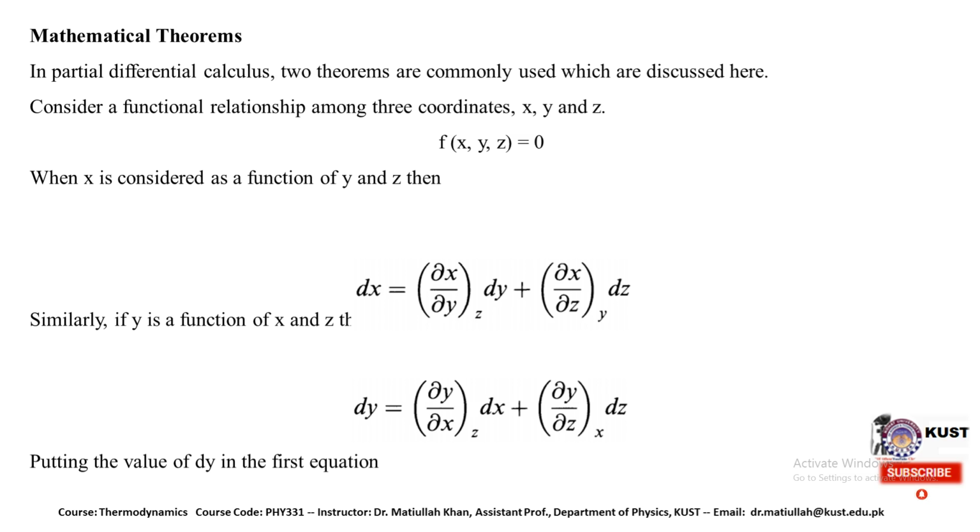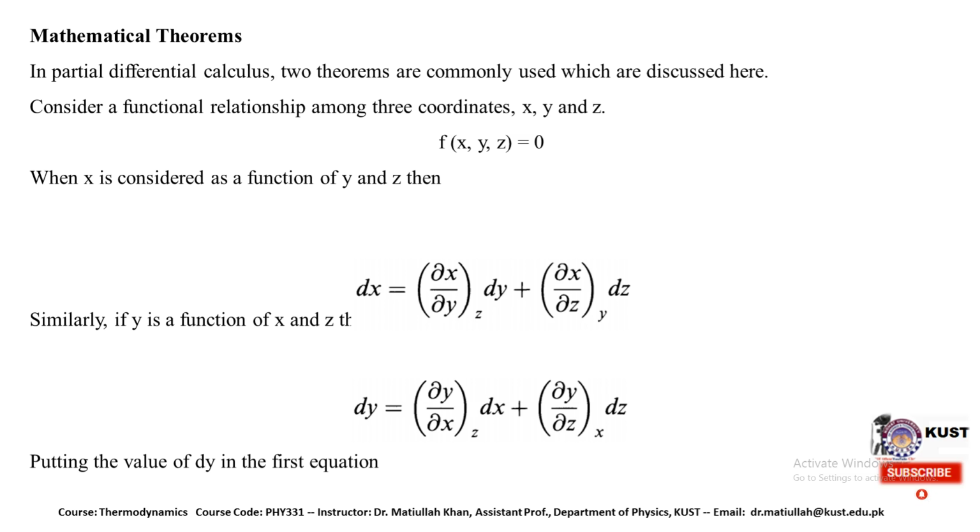If we generalize the case and represent the state variables in a very general way, not PVT, though at the end we can specialize to PVT, we can consider three variables like x, y and z. Consider that f possesses a functional relationship among the three coordinates, that is f(x, y, z) equals 0.